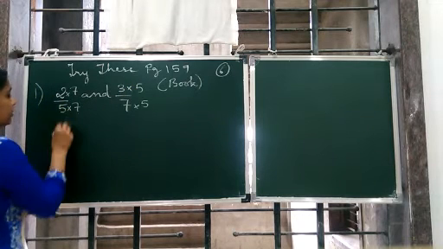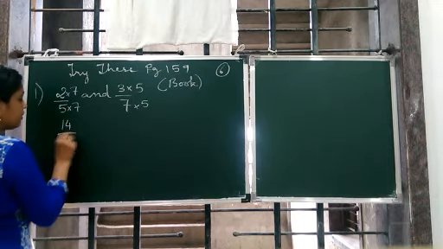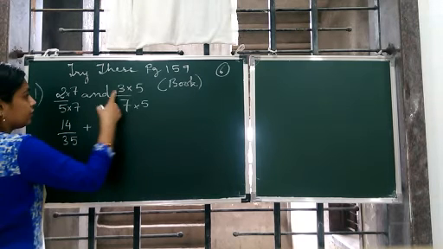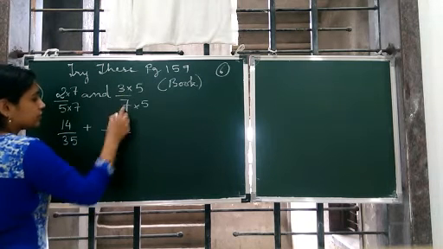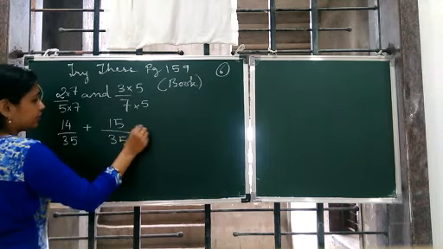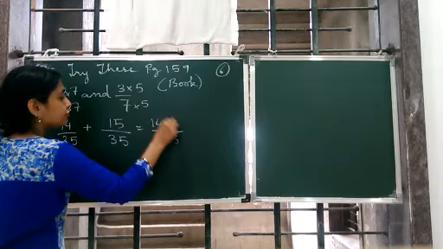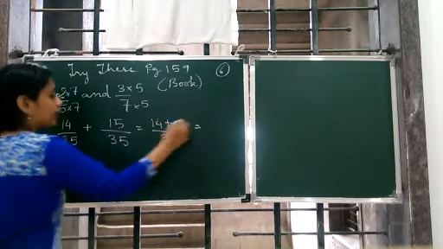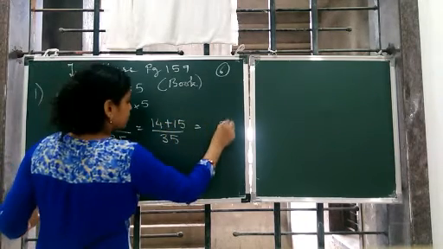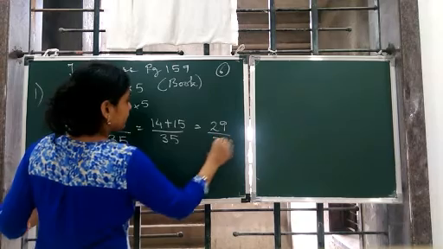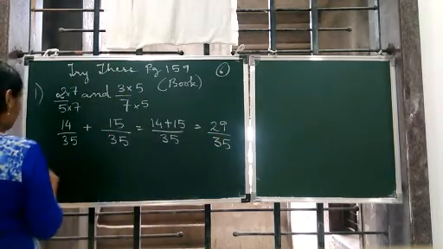Here 2 sevens are 14, 5 sevens are 35, 3 fives are 15, 7 fives are 35. Now, are the denominators the same? Yes. Then we add 14 and 15 and we write our answer: 29 by 35. This is question number 1.